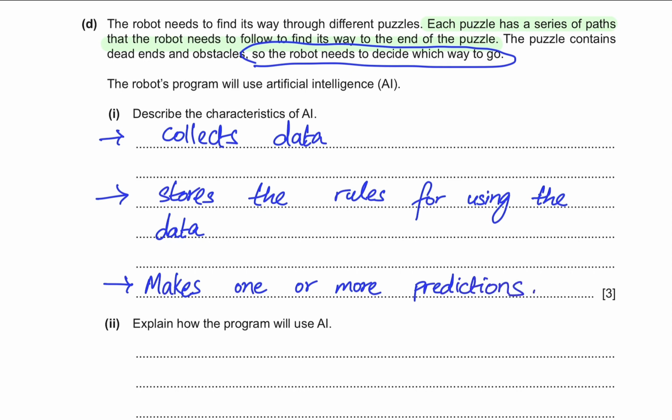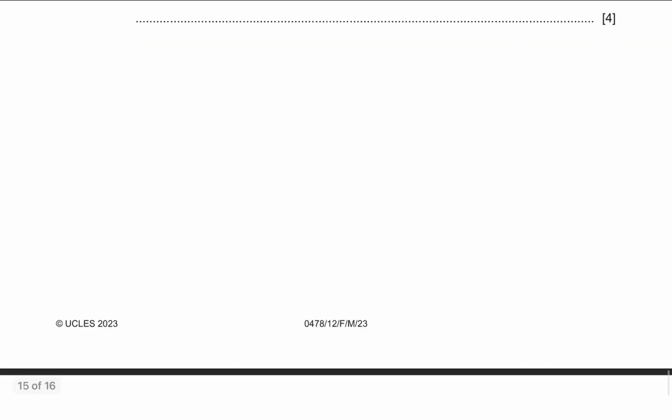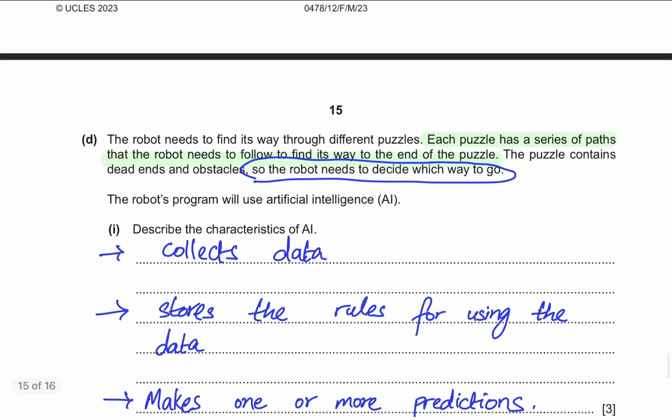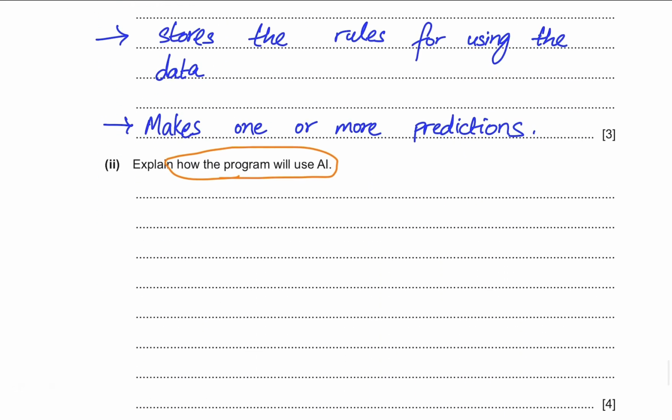Now, last question, I think, and then we're done with the paper. The last question says, how will this program use AI? Basically, this involves machine learning. So you could frame sentences for 4 marks.